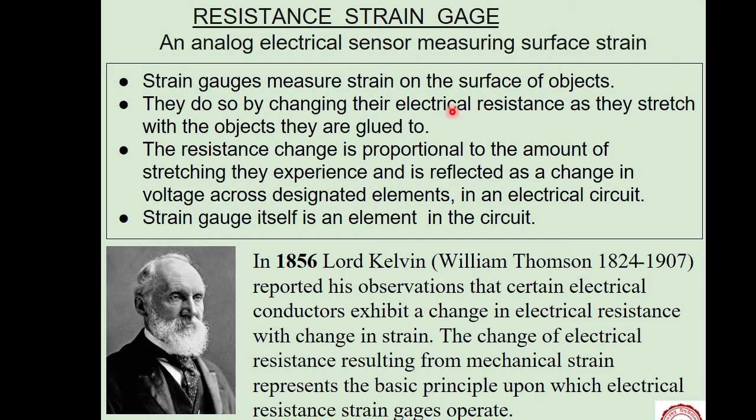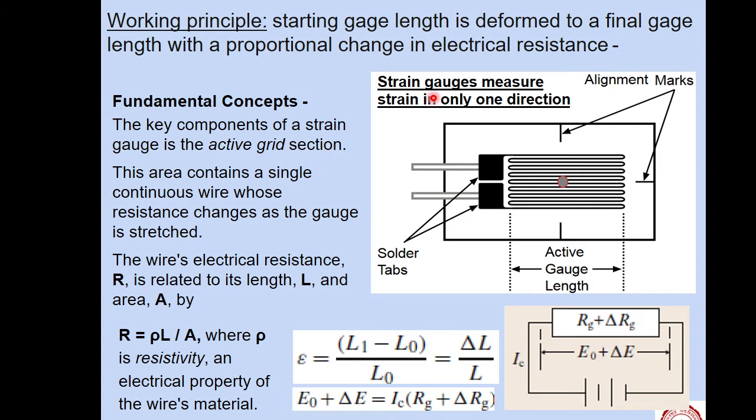Then the change in resistance is proportional to the amount of stretching they experience and reflects a change in voltage across the designated element. That means this part is our measurement unit. In the measurement unit, the strain gauge itself is an element, because the change in resistance of the strain gauge is measured in the electrical circuit measurement system.